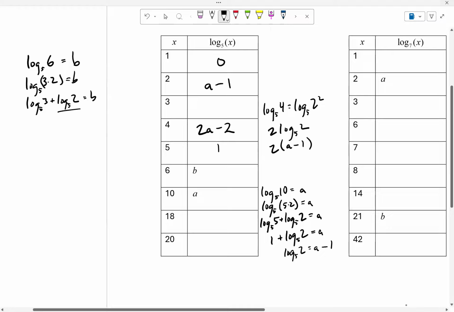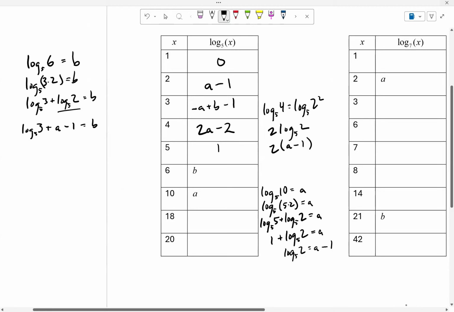We know that log base 5 of 2, based on the work we've done, is A minus 1. So log base 5 of 3 is negative A plus B minus 1. It doesn't matter what order we write that in. You might be more comfortable with B minus A minus 1. That's fine too.